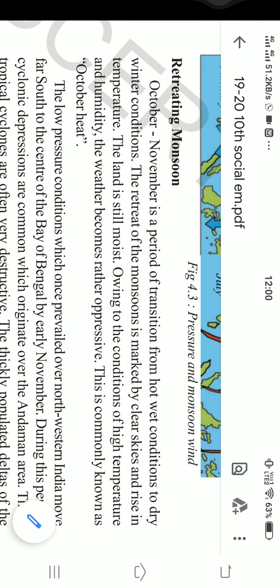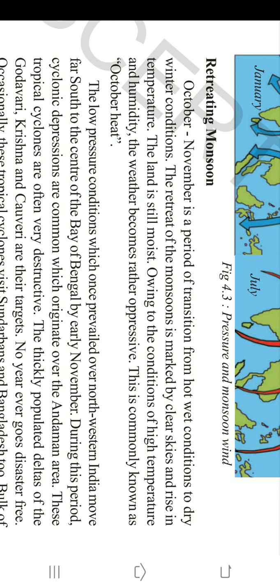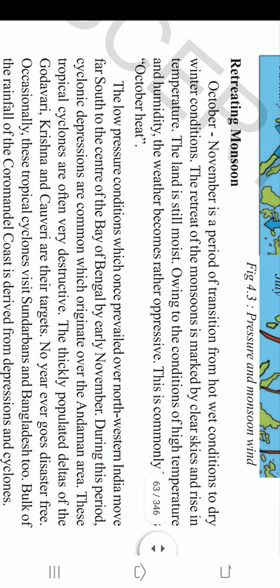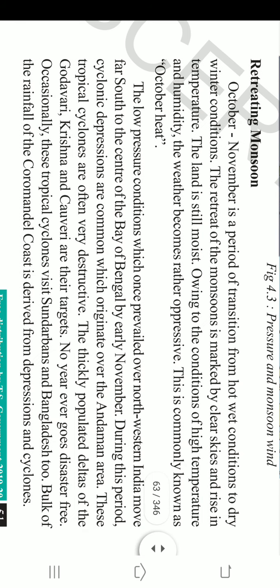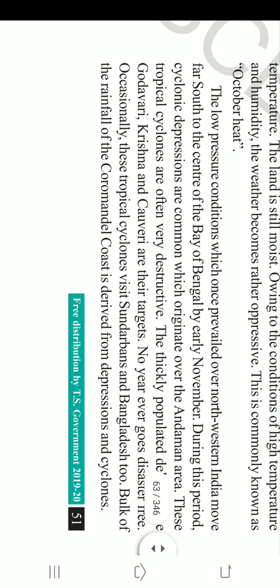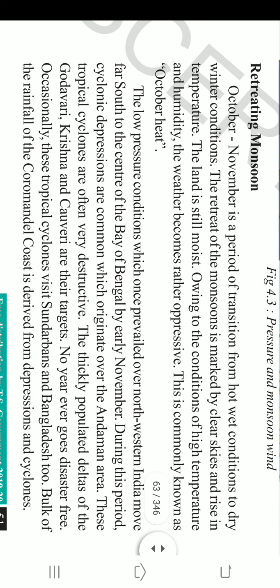When temperature is high, sweat comes out of our body, and that sweat has to evaporate. But water vapor is already high in the atmosphere, so the atmosphere does not allow further water vapor from our body. So we feel it is sultry, the sweat stays on our body, and we feel oppressive conditions. That means we don't like such a weather condition. So this is called oppressive conditions due to high temperature and high humidity.